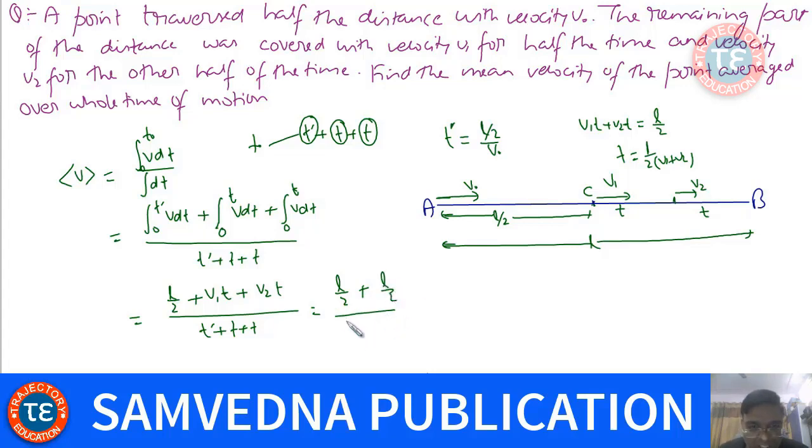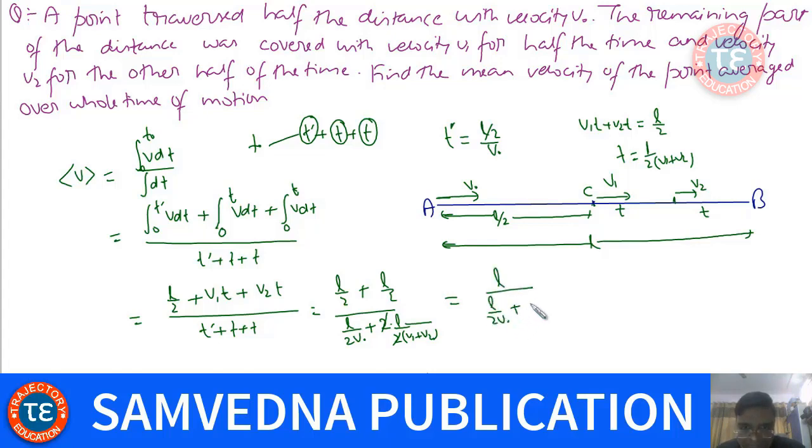So t dash would be L by 2 v naught, and t will be this, so t plus t is 2t, so twice this, which is L by 2. So this will cancel out. So what do we get?